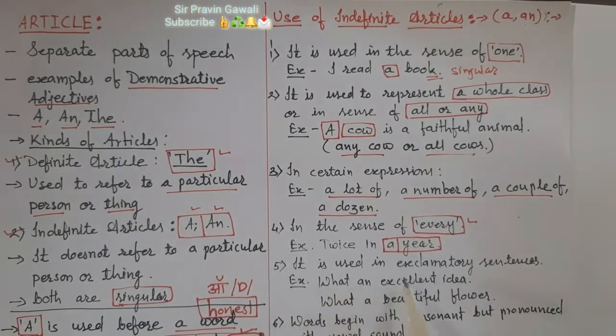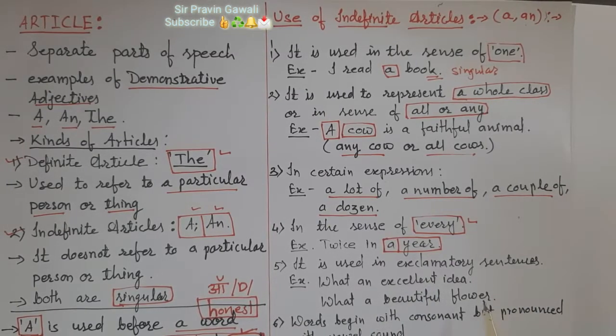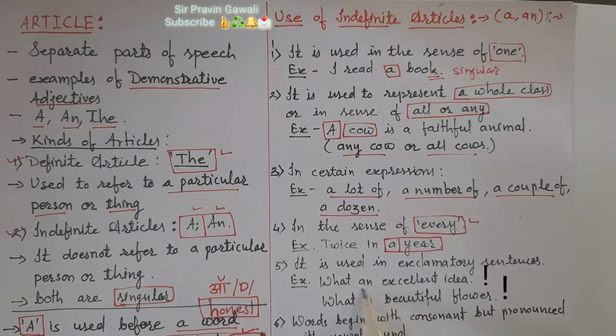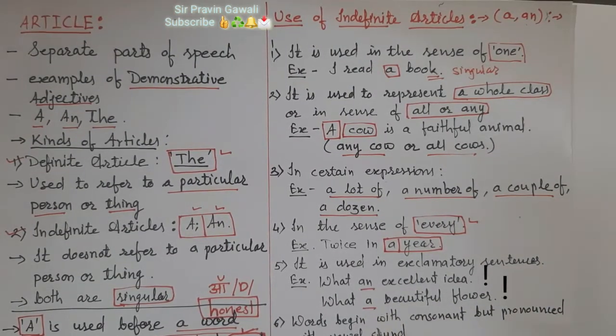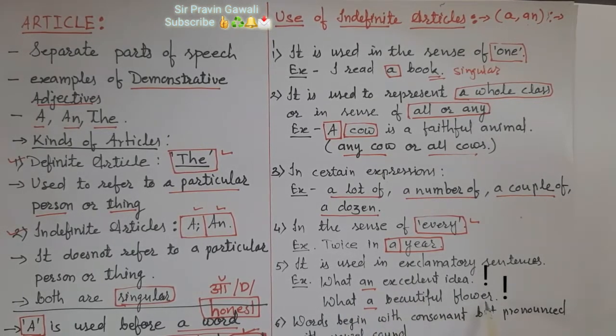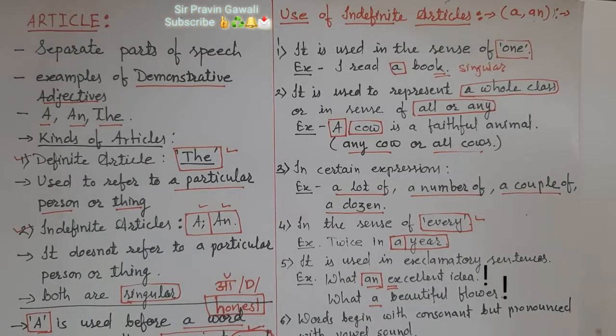It is used in exclamatory sentences. Most of the time we know that here in exclamatory sentences we use an as well as a. Okay, student. For example, what an excellent idea. What a beautiful flower. Here we have used an because the next word, excellent, begins with a vowel sound.